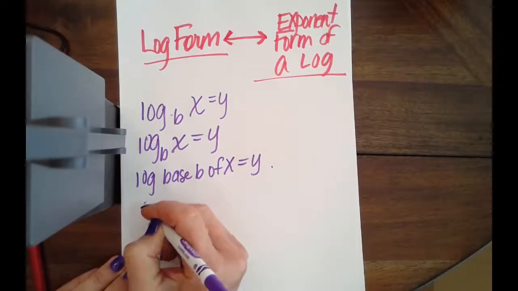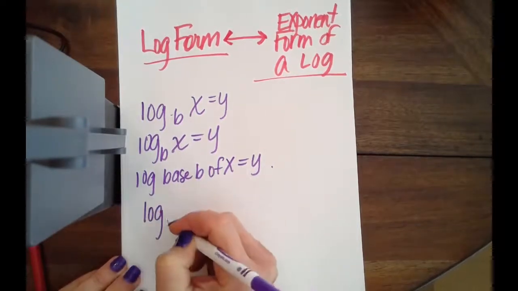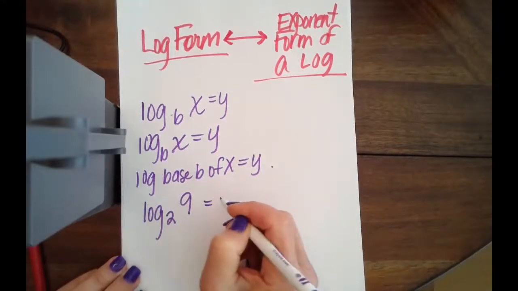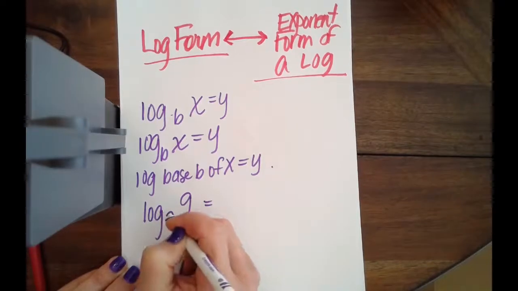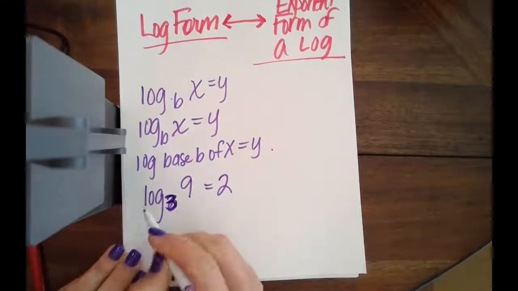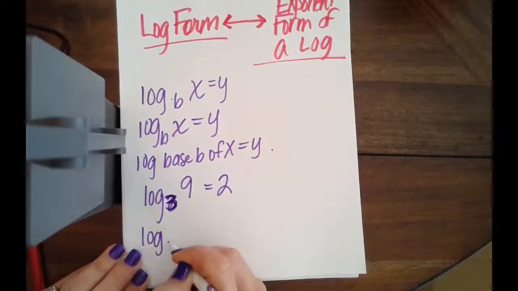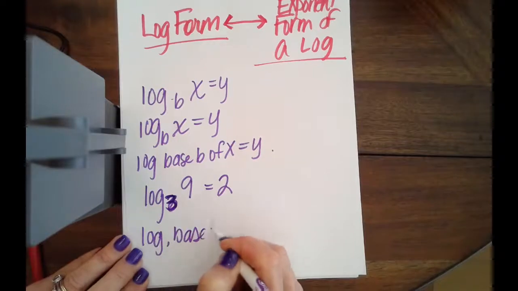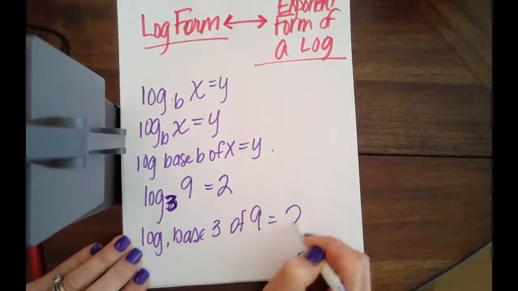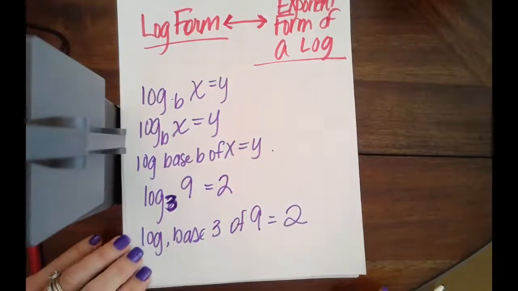Log base 3 of 9 equals 2. Sorry, make that a 3. This is how we're going to say it: log base 3 of 9 equals 2.